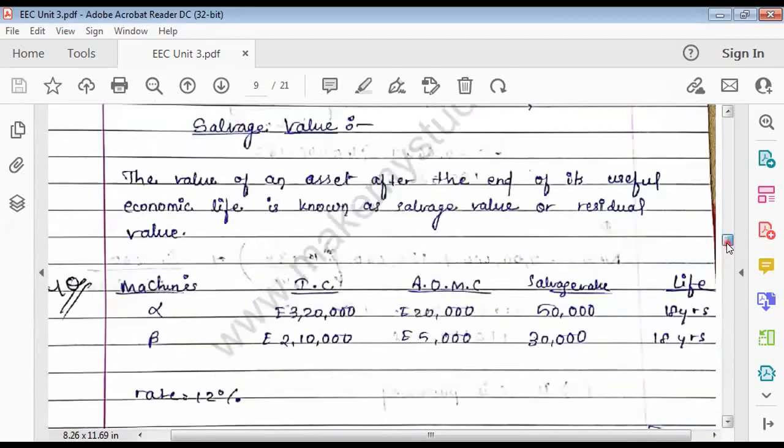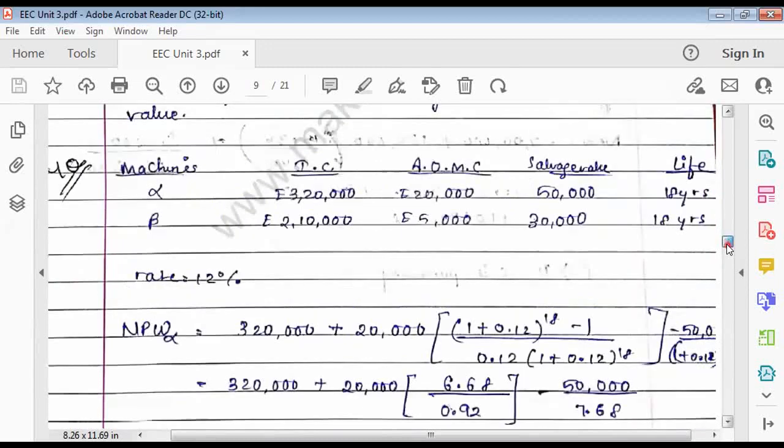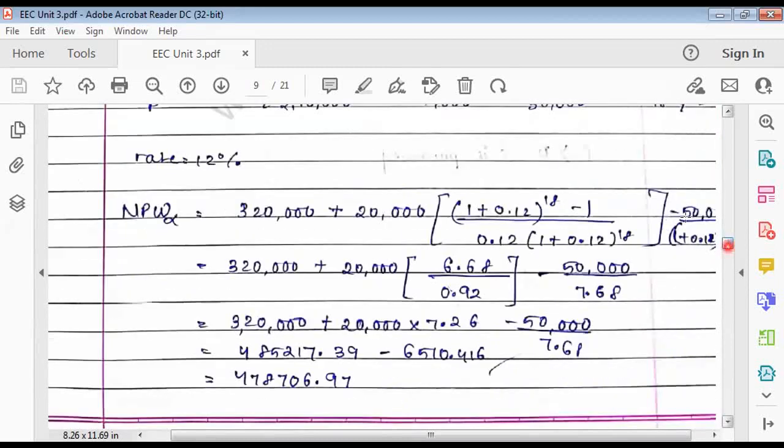This question, you see what has been done to salvage value. Here, where I put the highlighter: minus 50,000 divided by (1 plus 12%) whole to the power 18. Now, you not only subtracted 50,000, but also divided it by (1 plus 12%) whole to the power 18. Now, why had you done that?